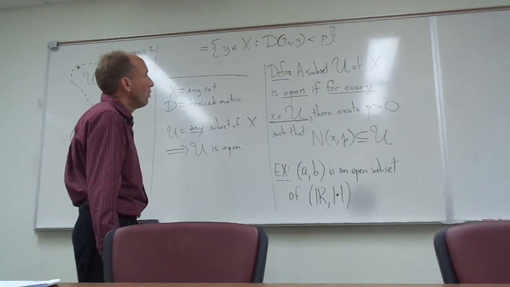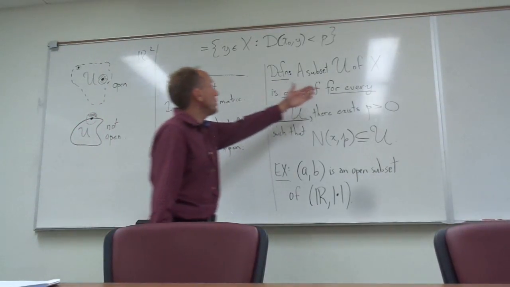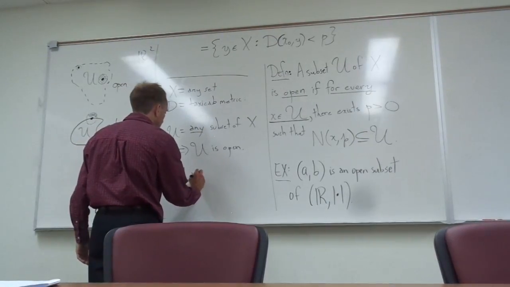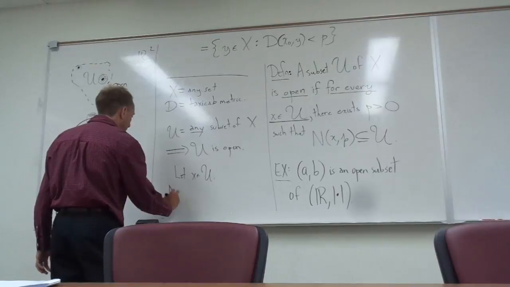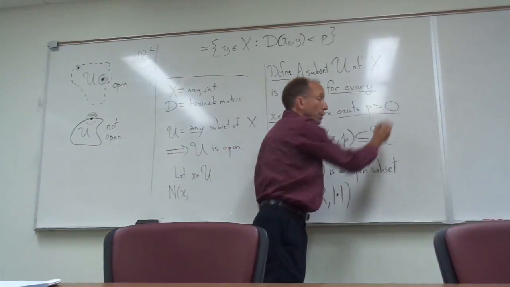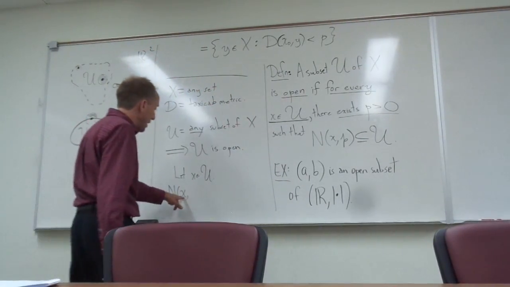Well, here's the reason. You take any subset of X, and you take any point x within that set. Then look what you can do. You can take the neighborhood. Remember, you're allowed to produce the P. You get to choose what radius you're going to take around this point x.